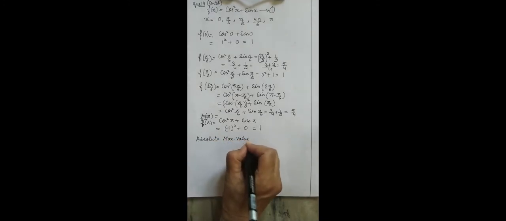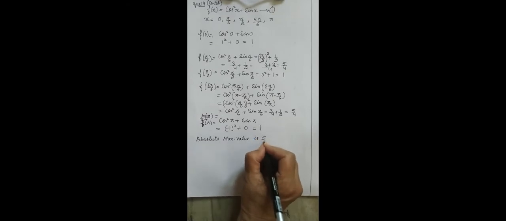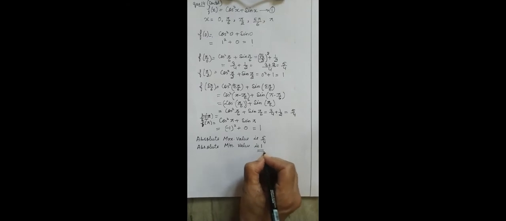So therefore, absolute maximum value is 5 upon 4 and absolute minimum value is 1.